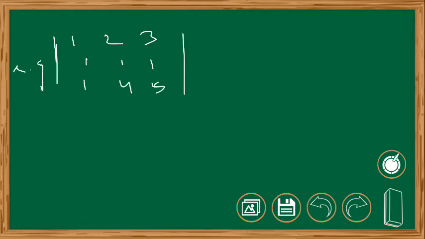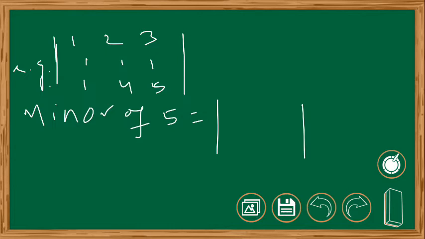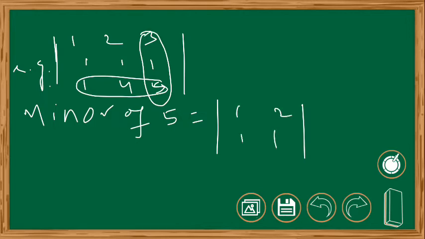I have asked you that find minor of element 5. That will be remove the row and column containing 5. This one is the row containing 5, this one is the column containing 5. So I am left with 1, 2 and 1, 1. This will be 1 into 1 minus 1 into 2, which is equal to minus 1. So minor is simply obtained by removing the row and column containing that element, right?